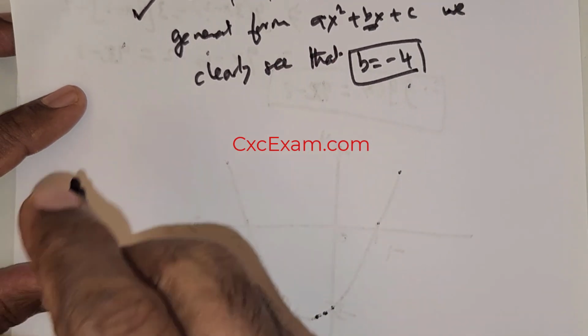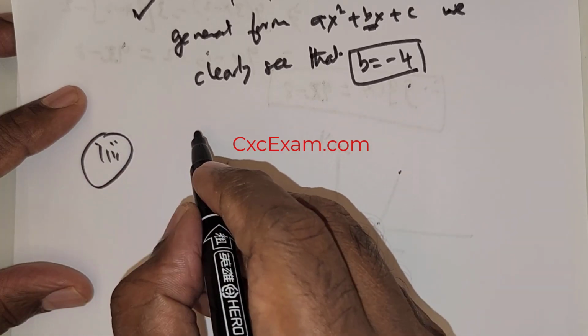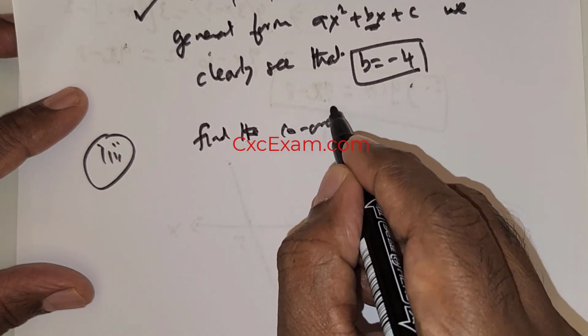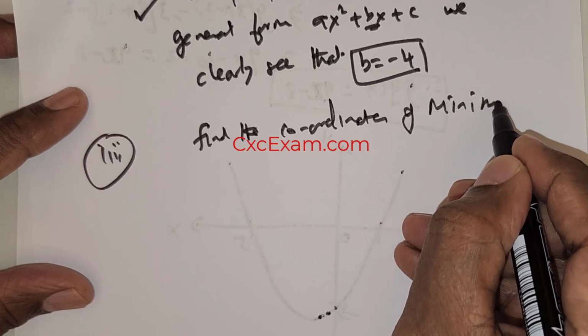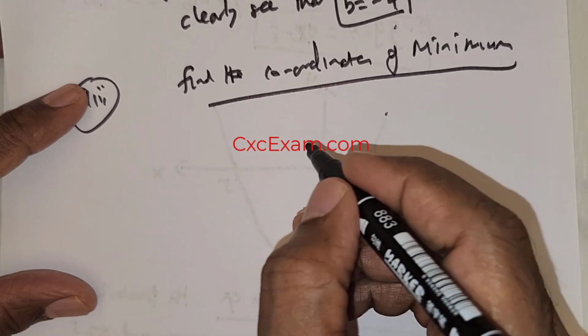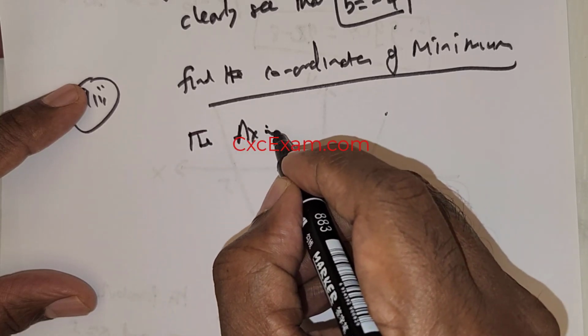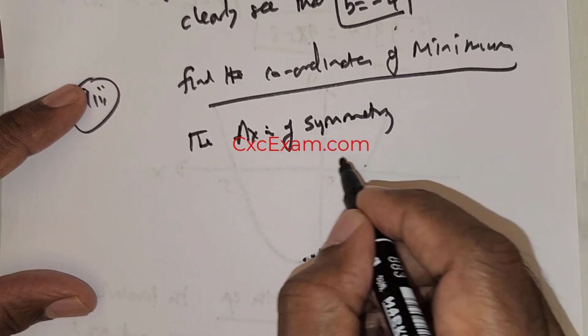Fair enough. Now the next part is what? Next part is find the coordinates of the minimum. Right. So how do you get it? First you have to get the axis of symmetry. Now what is the axis of symmetry?